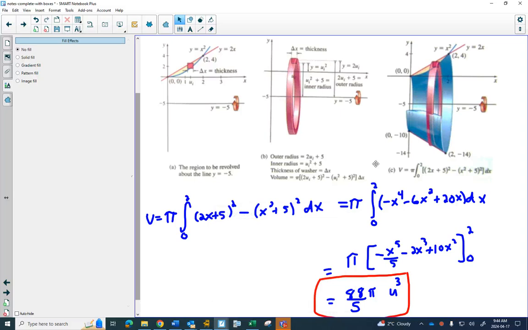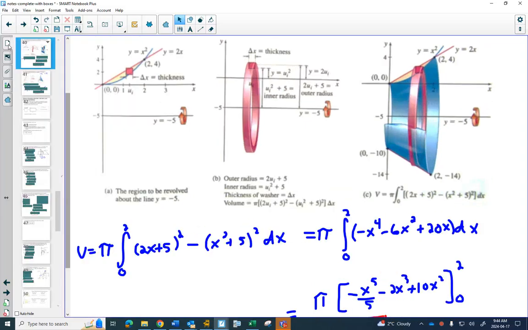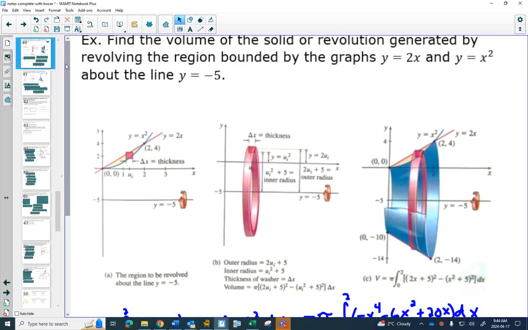Off yesterday. So in this question, we're finding the volume by taking the area between these two curves. You've got a little square there as an example. That little rectangle gets rotated 360 degrees about the line y equals -5.